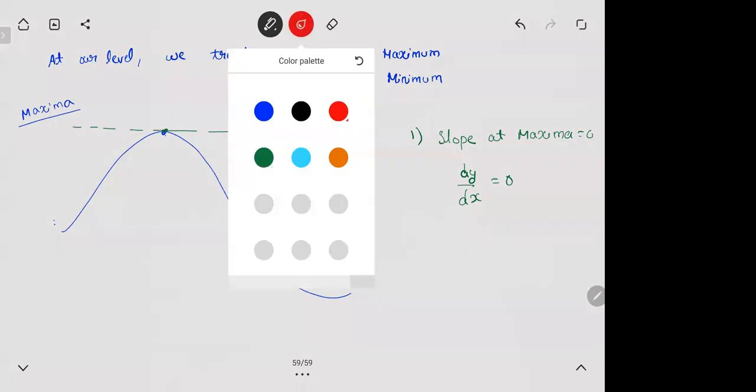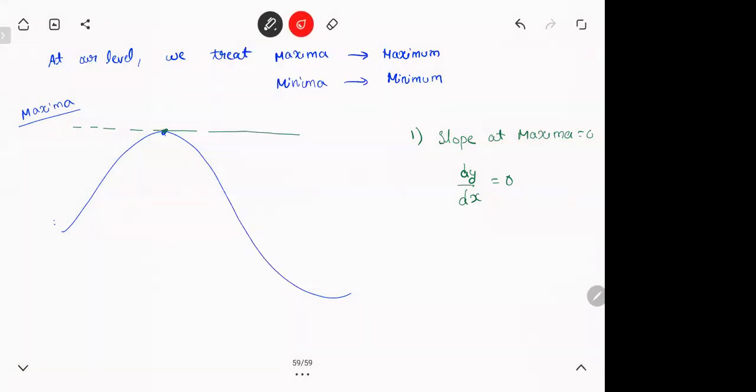Next thing, look at the points before and after. For example, here, did you observe something?